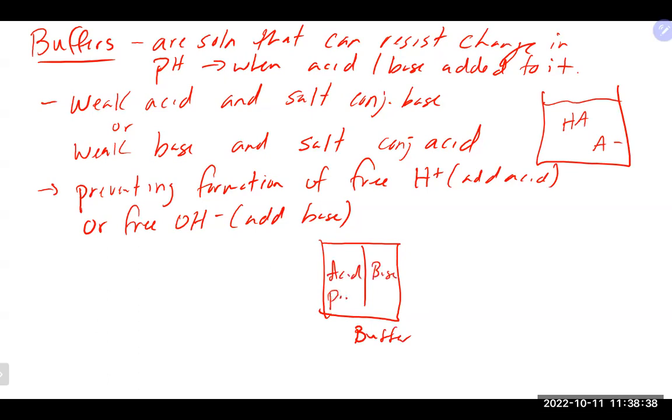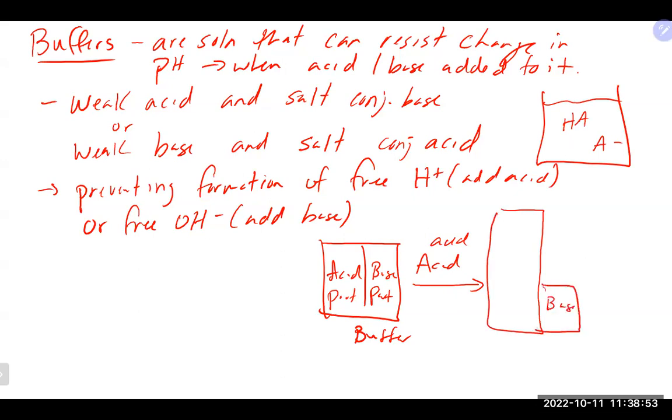And as we talked about, one of the other things that we do see when we add acid or base to the buffer is, for example, when we do add acid, we will use up some of the base, but we will make the other part of the buffer. So, we'll use up a little bit of the base part, but we will make more of the acid part of the buffer.